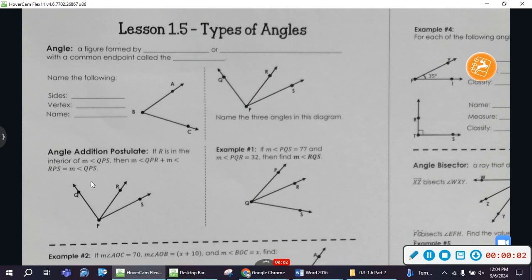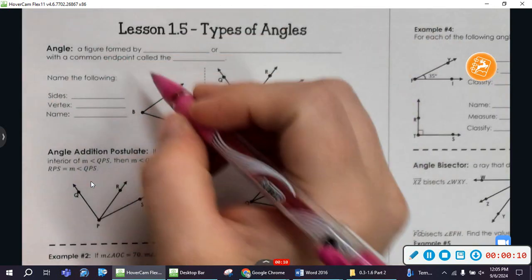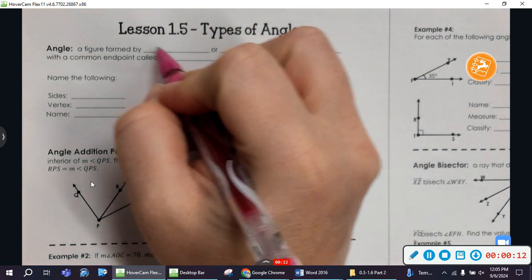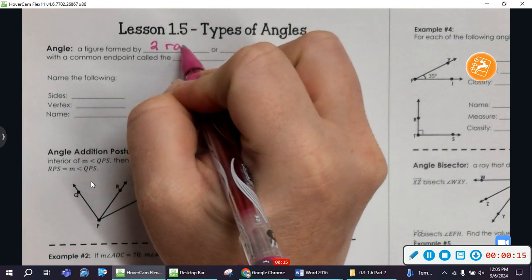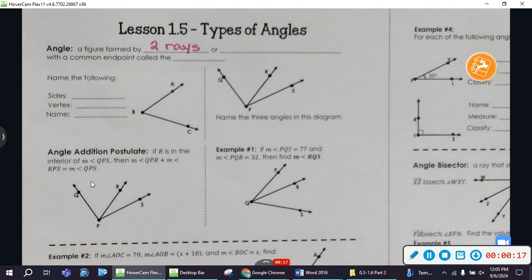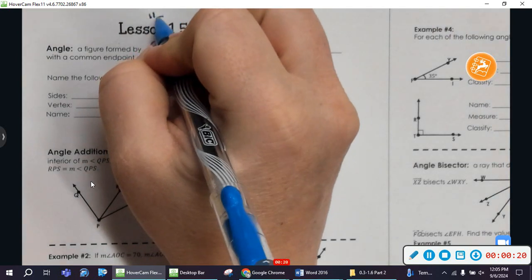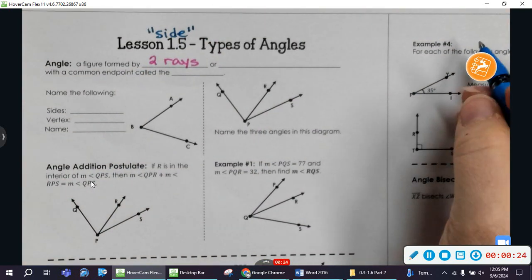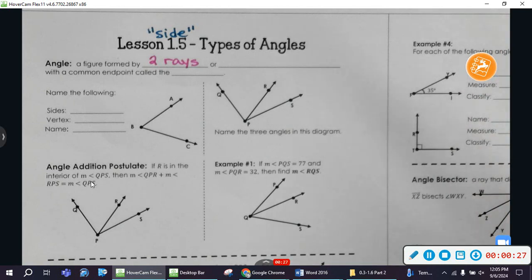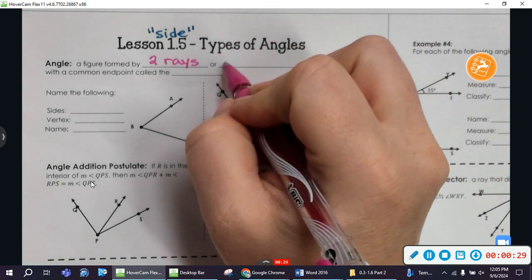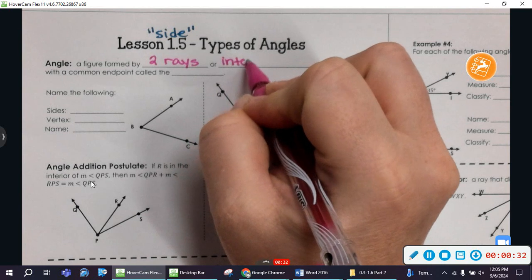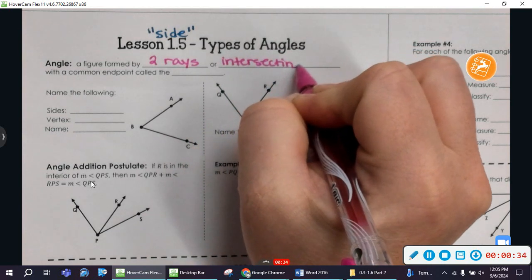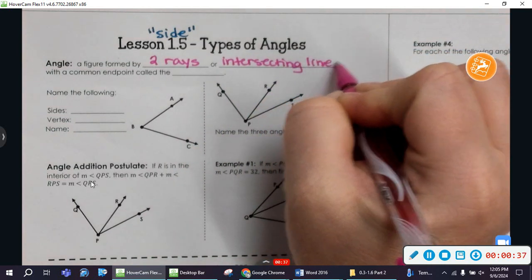All right, so we are doing different types of angles, and angles are a figure that are formed by two rays. Now we're going to call those rays sides, and angles can also be formed by intersecting lines.